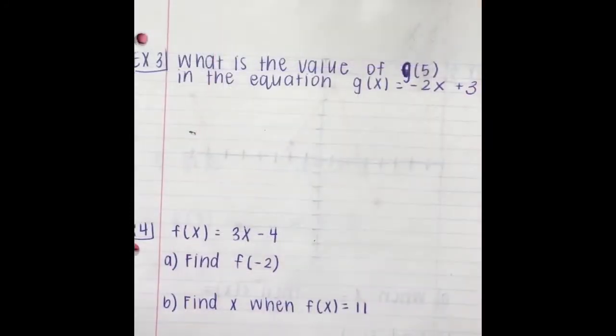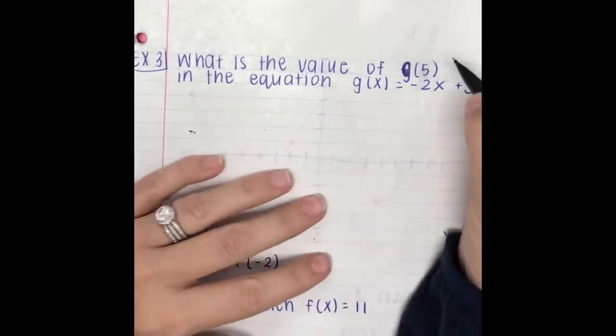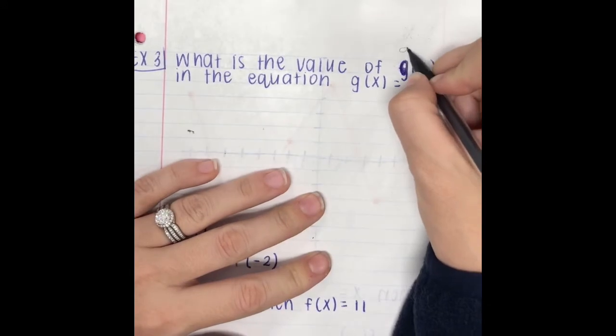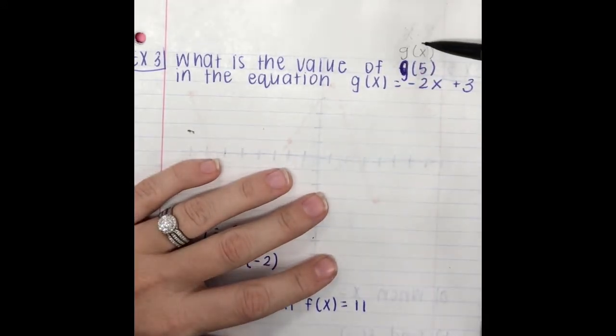Okay. All right, what is the value of g of 5 in the equation g of x equals negative 2x plus 3? What this means is, what is the value of g of 5? So you've got to figure out first what 5 is, and then we'll go from there. So first thing, if I put g of x above it, you can see all that changed is that x was replaced with 5.